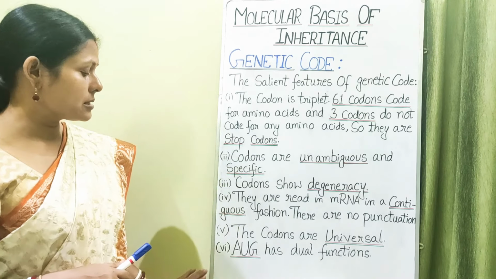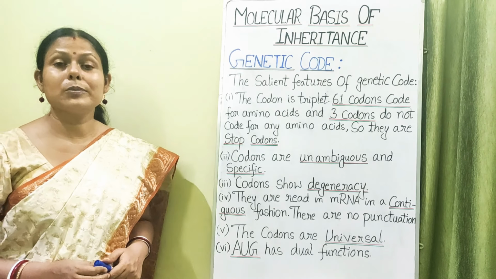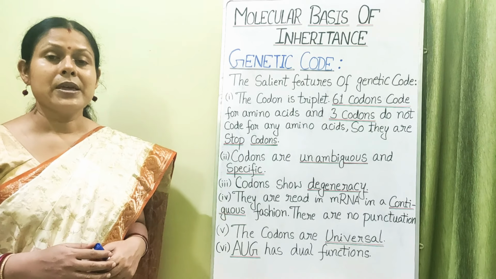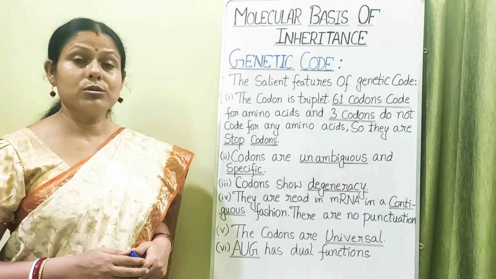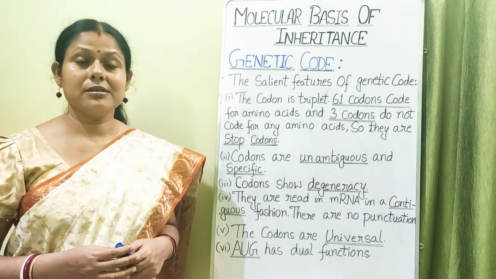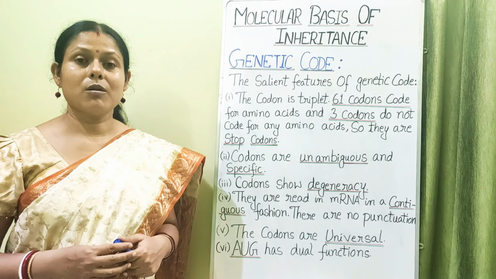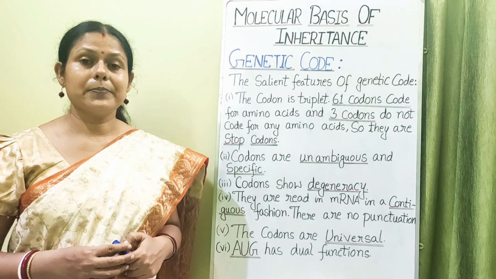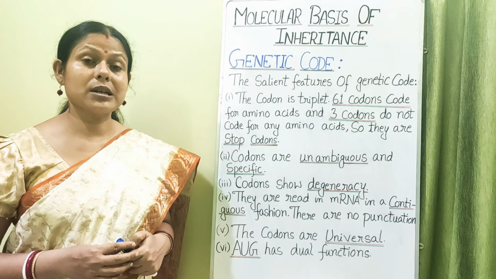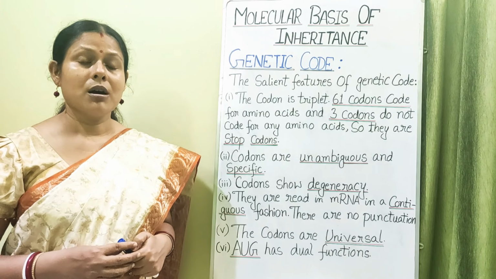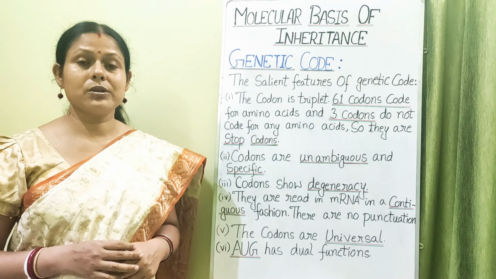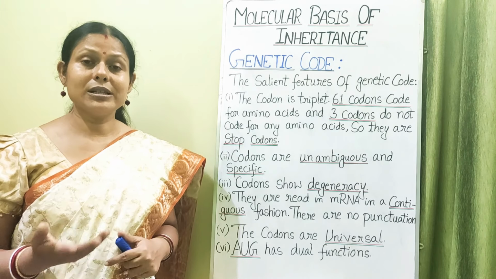So these are the 6 salient features which were proposed by eminent scientists from all across the world, and thus the genetic code was deciphered, which was a long and very challenging task for these scientists. That is how the process of translation could be understood, in view of the various codons responsible for the synthesis of 20 amino acids.